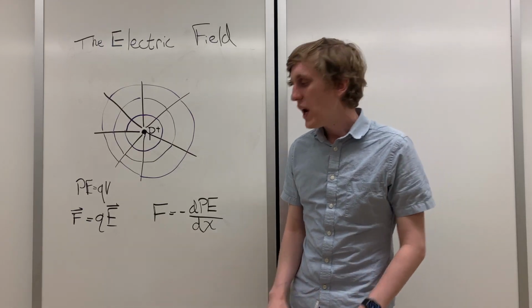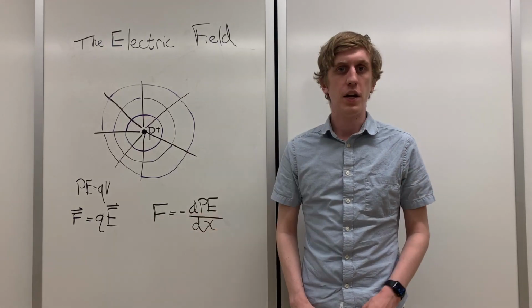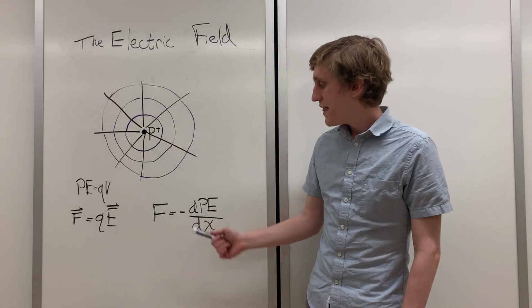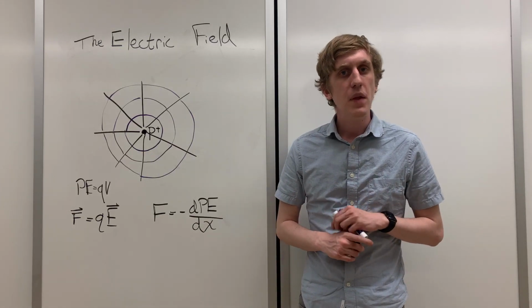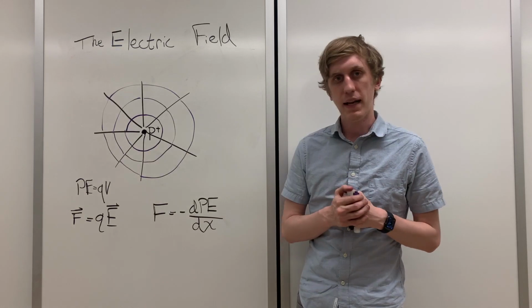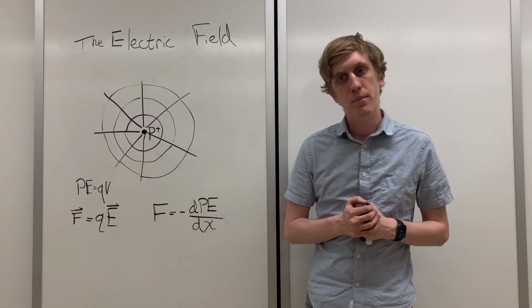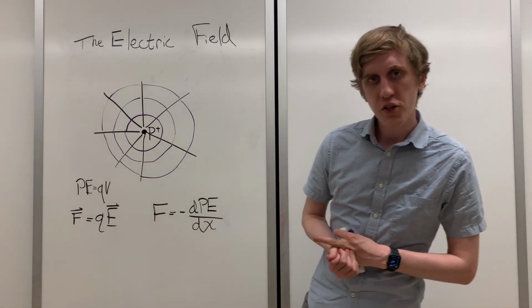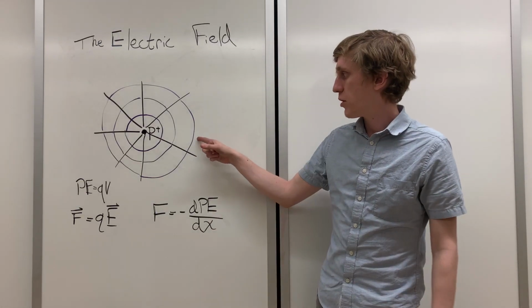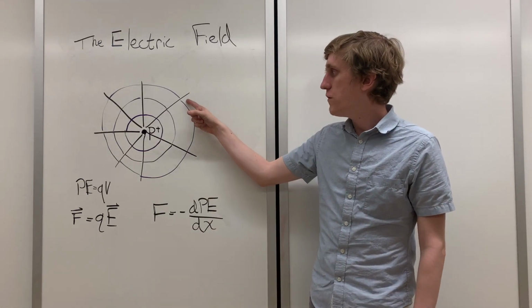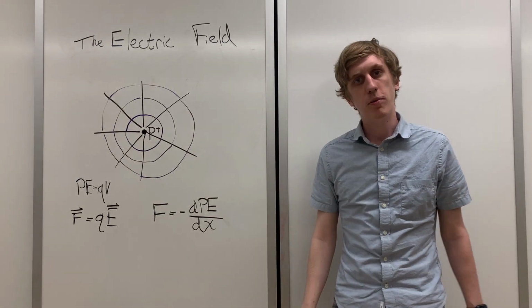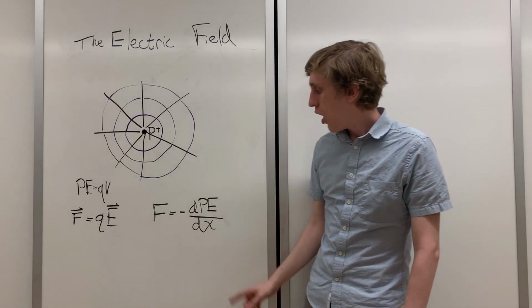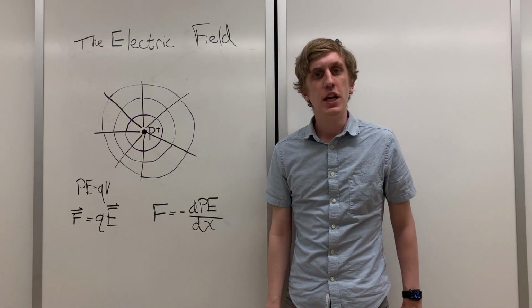And lastly, we also know that the force on an object is equal to the negative derivative of the potential energy with respect to position. Let's ask a question. If we start on this purple line and move the charge around the purple line, then what is the change in potential energy?